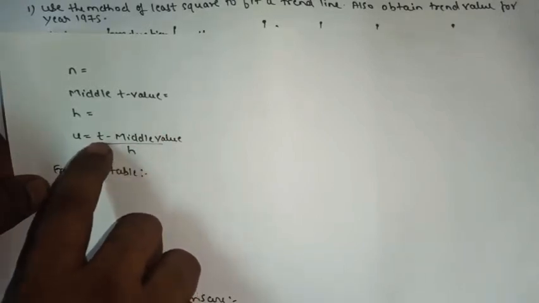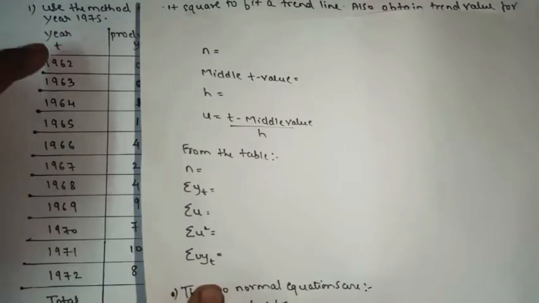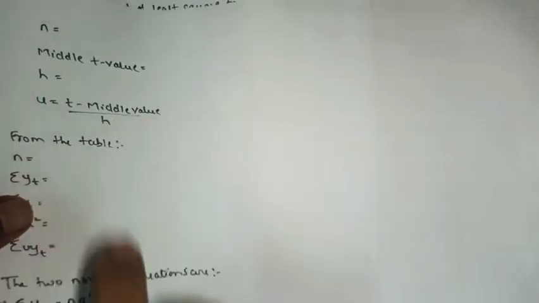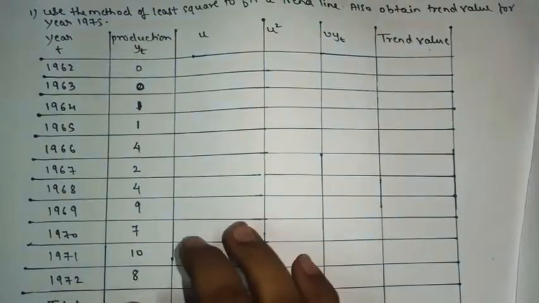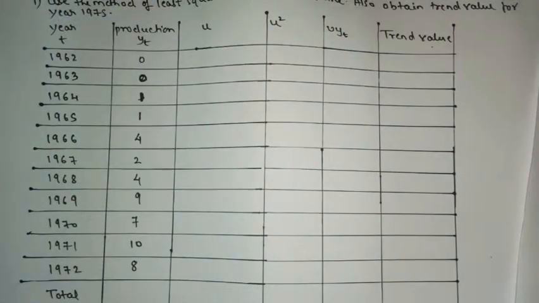So t is what? Here, middle value. What do you mean by middle value? Listen here, whenever the number of observations is odd, you can easily find your middle number. Whenever it is even you cannot.